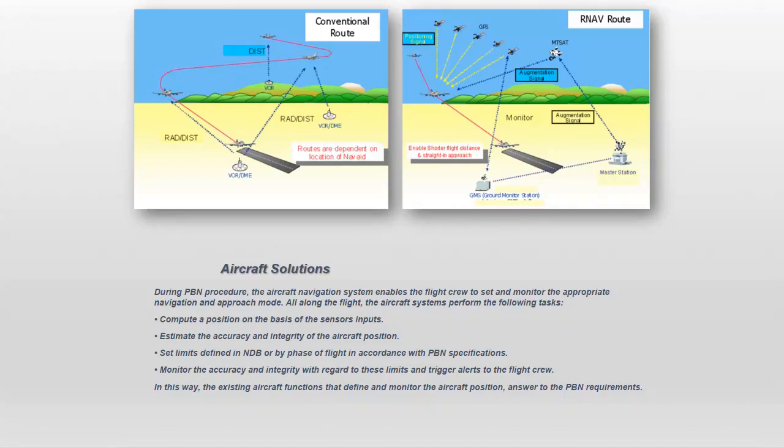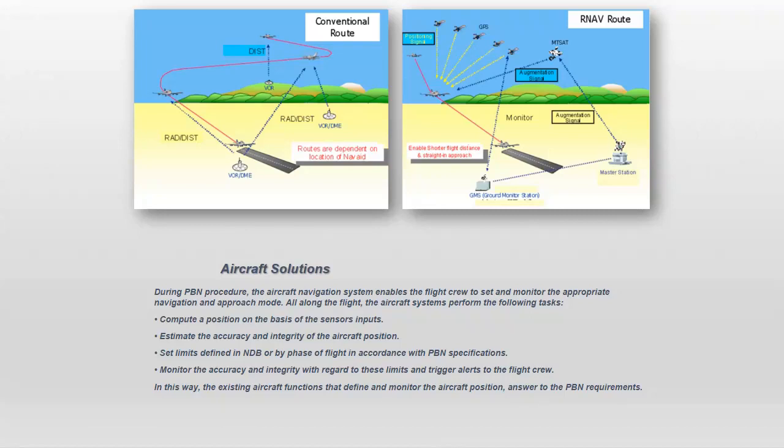Aircraft solutions. During PBN procedure, the aircraft navigation system enables the flight crew to set and monitor the appropriate navigation and approach mode. All along the flight, the aircraft systems perform the following tasks: compute position on the basis of the sensors' inputs. Estimate the accuracy and integrity of the aircraft position.